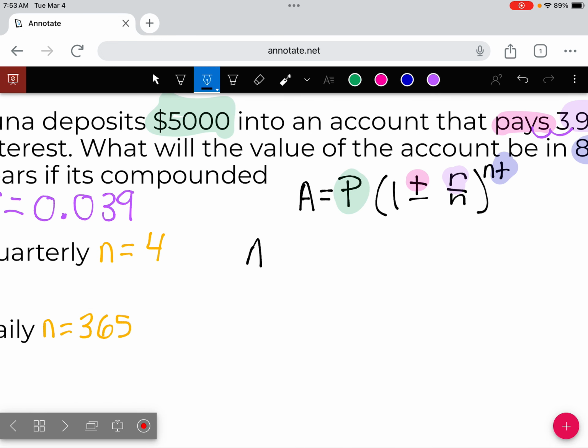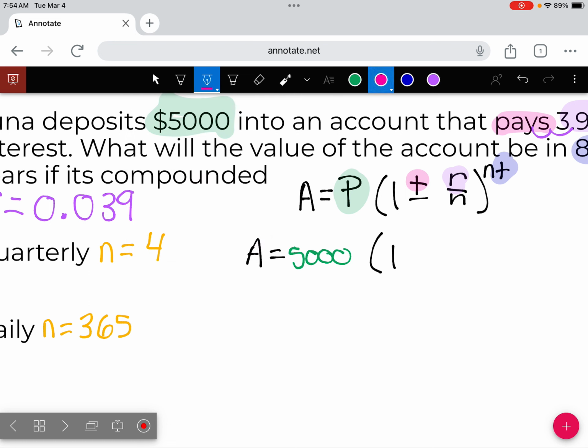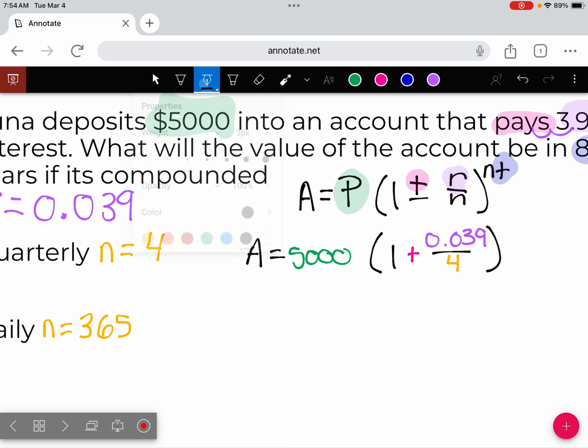So our equation is going to start out the same for both of them, where we have our $5,000 substituting in our pieces. We're going to have our 1 plus our fraction with our 0.039 over our N of 4 to our power of 4 times 8.